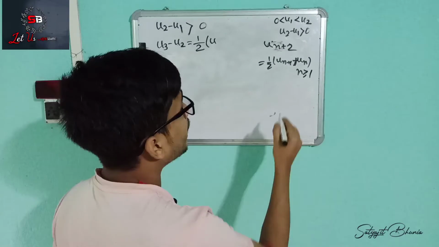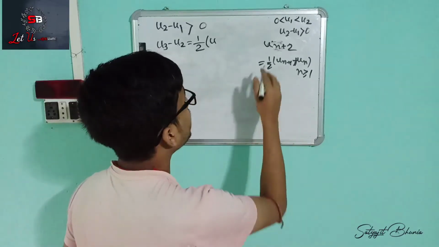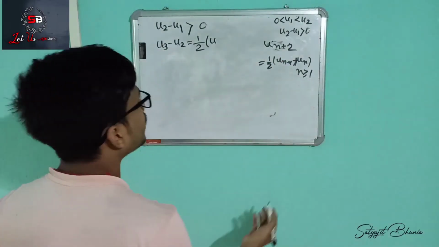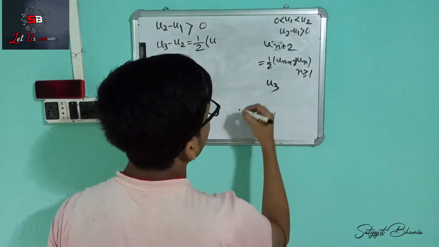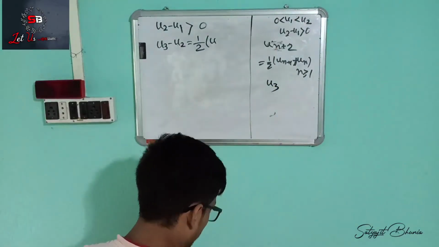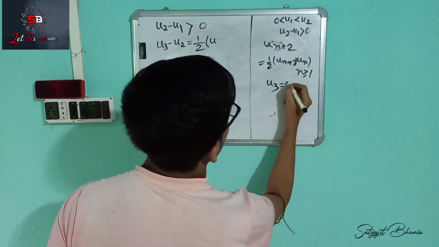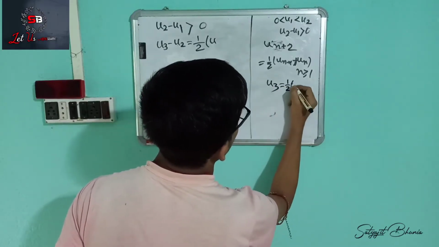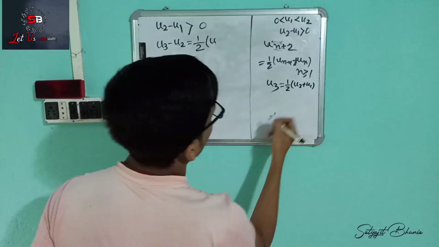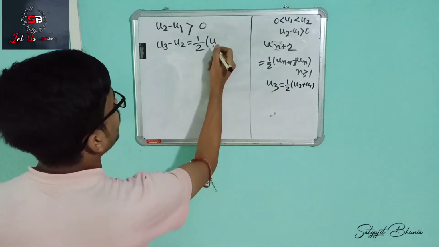If we put n equal to 1 in this relation, then we have u_3 equal to half of (u_2 + u_1).